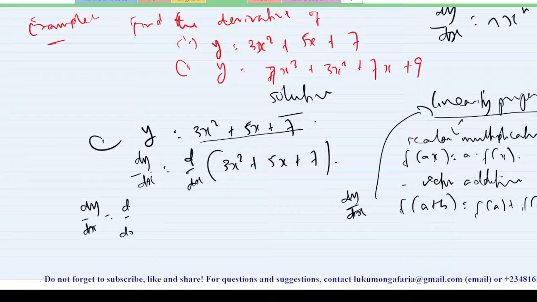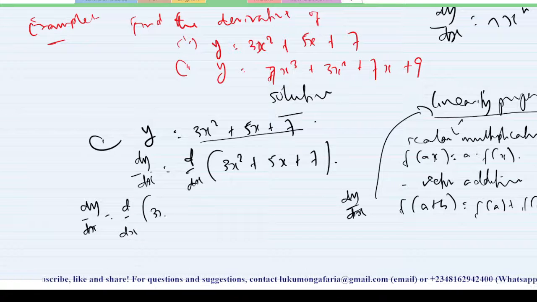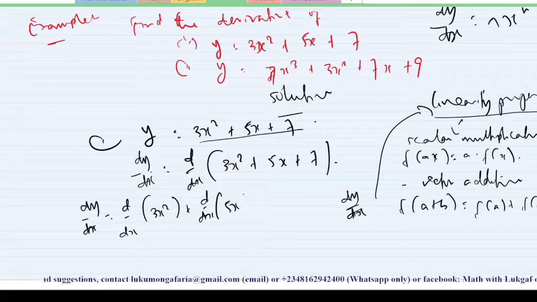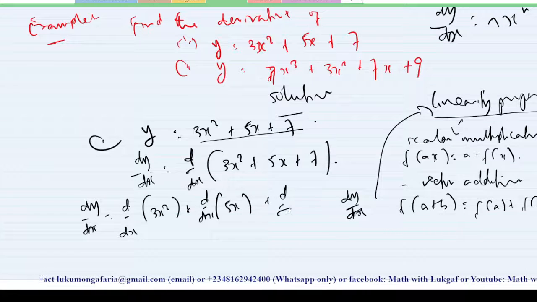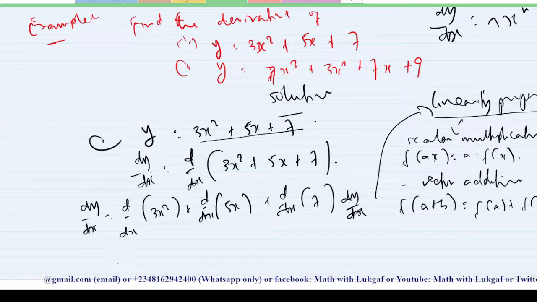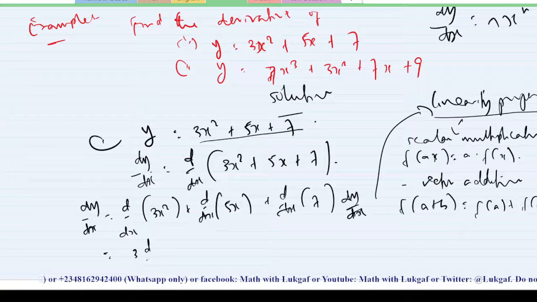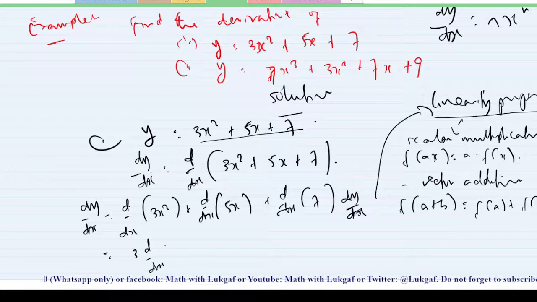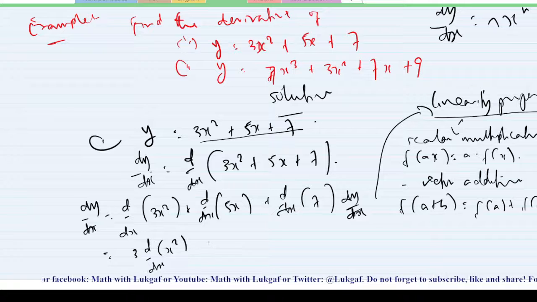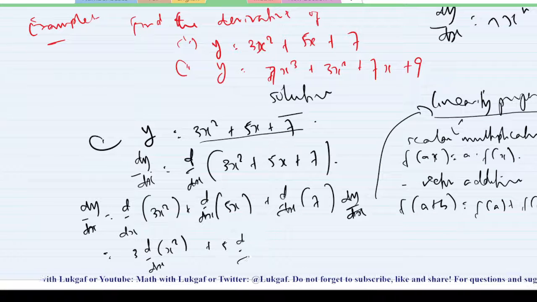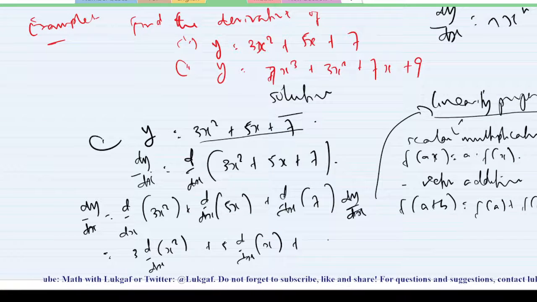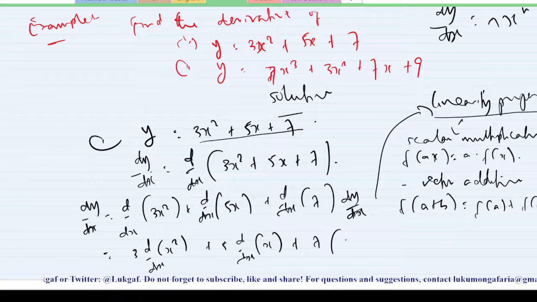This will give you d dx of 3x squared, d dx of 5x plus d dx of 7. Likewise, you can take out your constant because of the scalar multiplication property. Then I have 7, then d dx of 1.